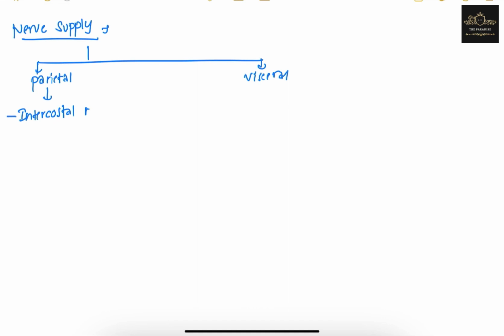And visceral part is autonomic nerve, that is mainly supplied by vagus nerve. If you don't remember, you can directly write vagus nerve.